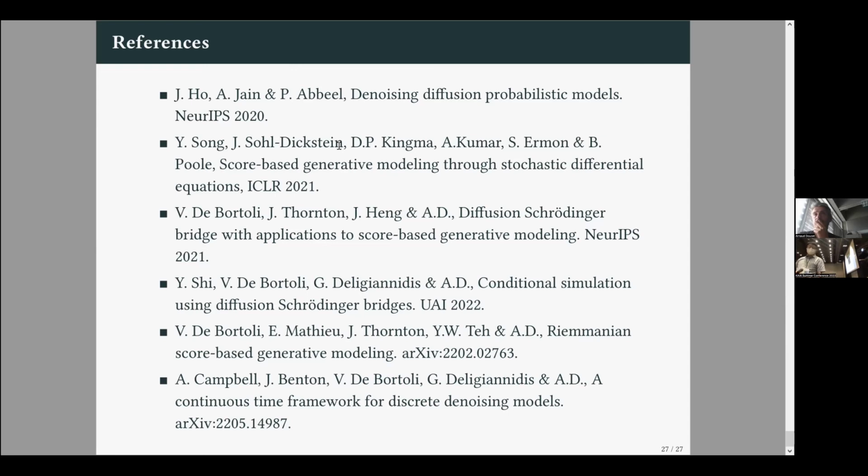Nice talk. I have some questions. Rather than using Gaussian, I see why you want to have Gaussian units. You're getting benefits, everything is Gaussian. Is it possible to add another type of noise and maybe gain something out of that?